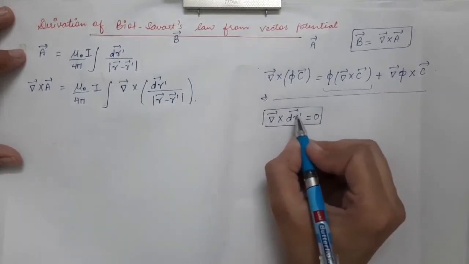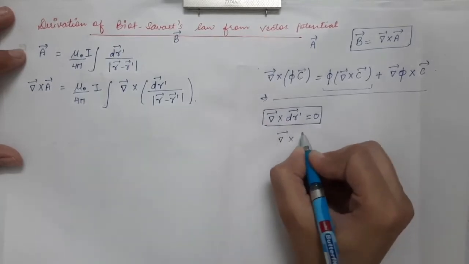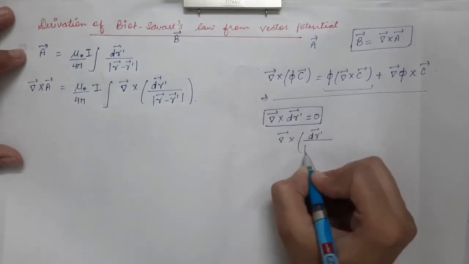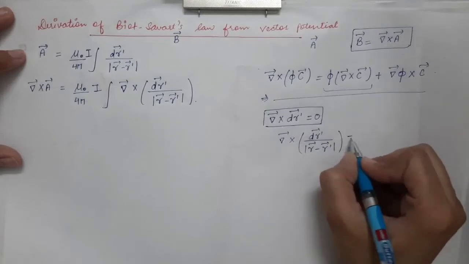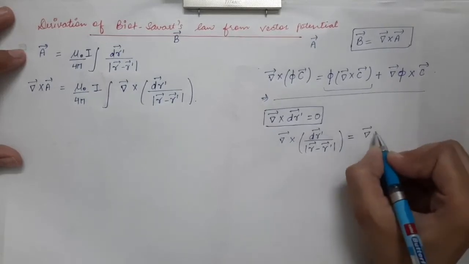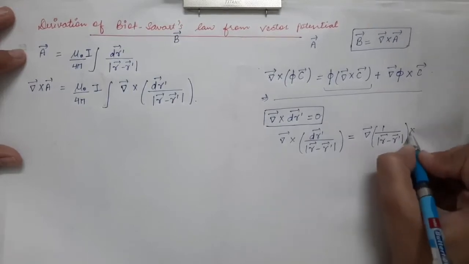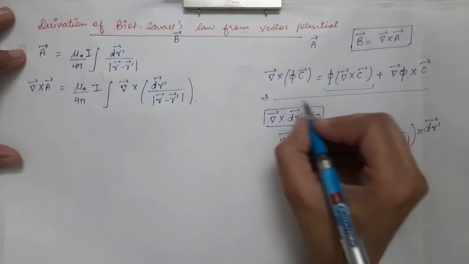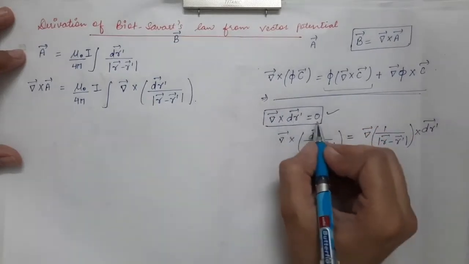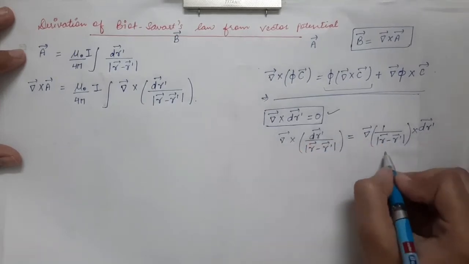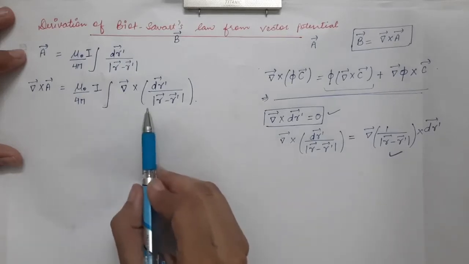Putting the curl of dr prime vector equal to 0, the curl of dr prime vector divided by the magnitude of r vector minus r prime vector will come out to be equal to the gradient of 1 by the magnitude of r vector minus r prime vector, cross product with dr prime vector. So this step you will do by yourself, putting the curl of dr prime vector equal to 0, and after that you will get this expression.